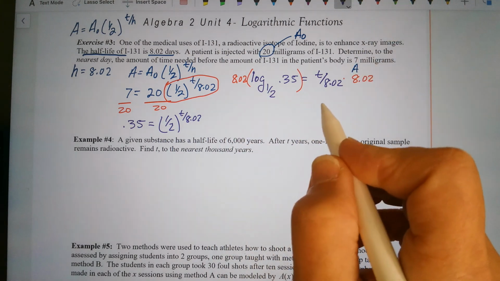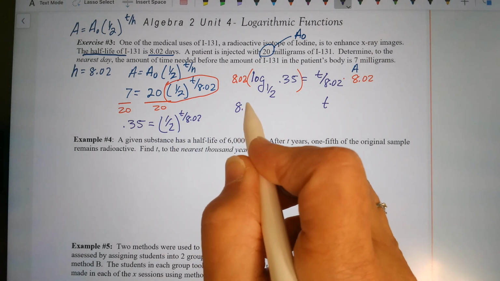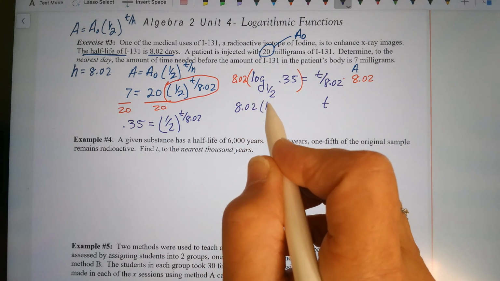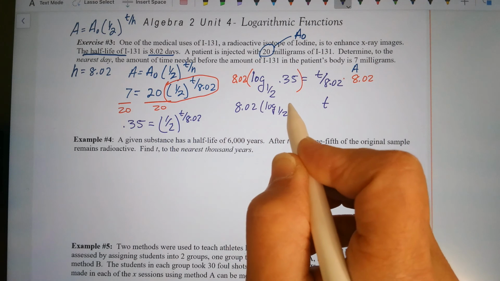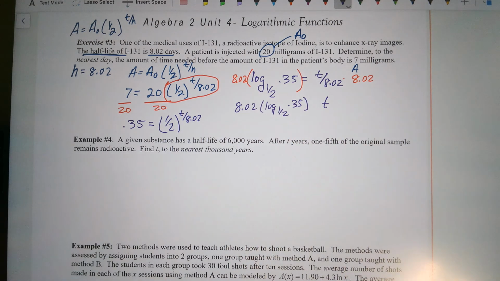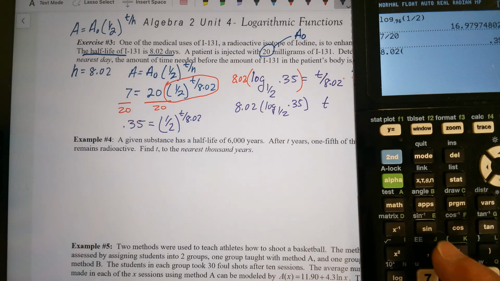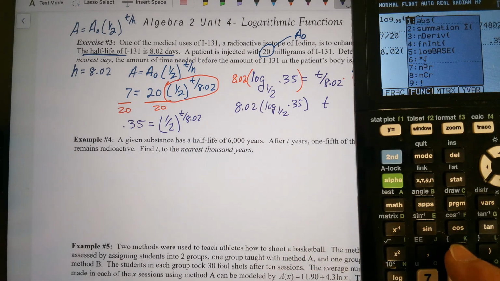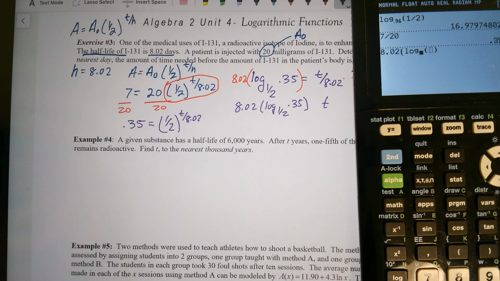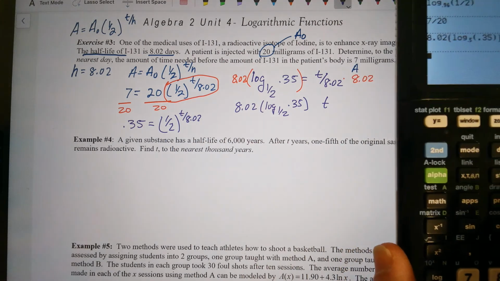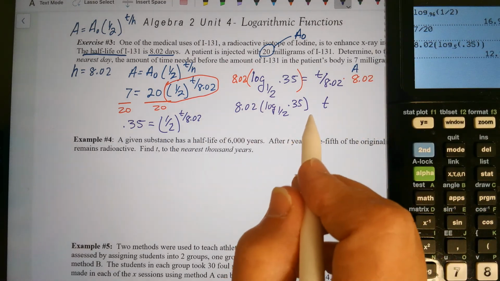So we're keying into the calculator 8.02 times log base 1/2 of 0.35. To the nearest day, so 12 days.